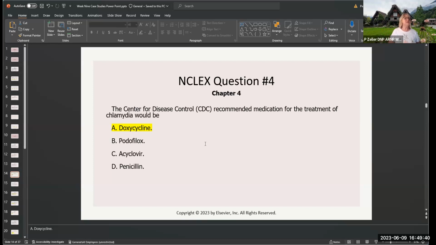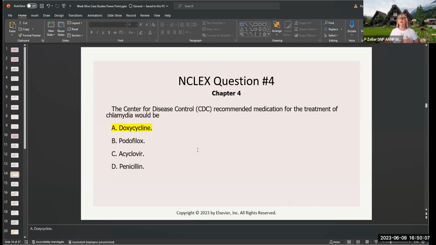Pelvic inflammatory disease might include chlamydia and gonorrhea and bacterial vaginosis and E. coli. Usually with pelvic inflammatory disease, there's a lot of different ones, and it becomes very serious. Chlamydia is a very common sexually transmitted infection, and it's kind of scary because it does travel quickly from tissue to tissue.